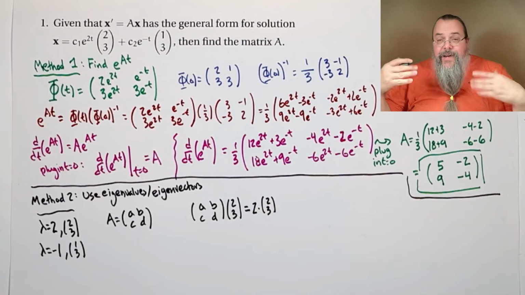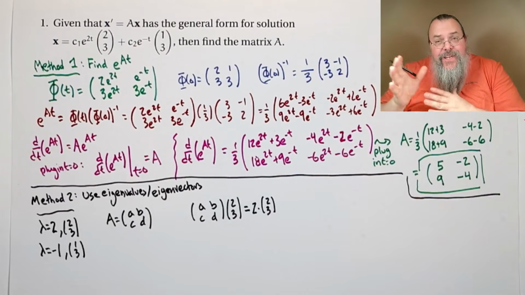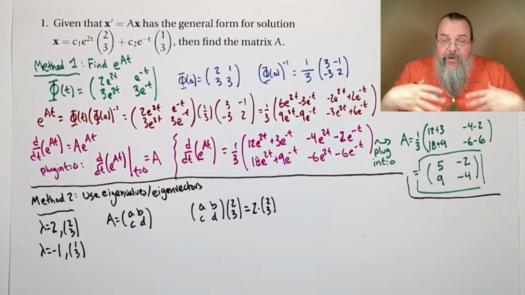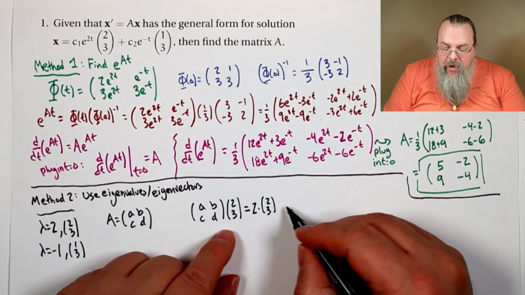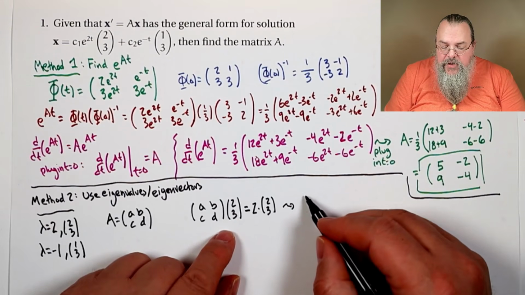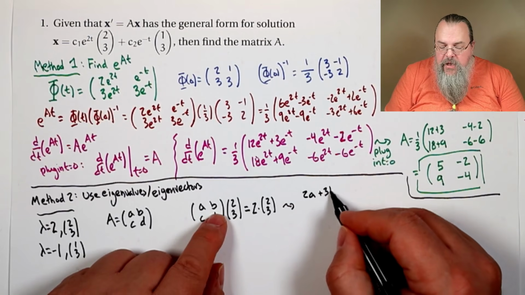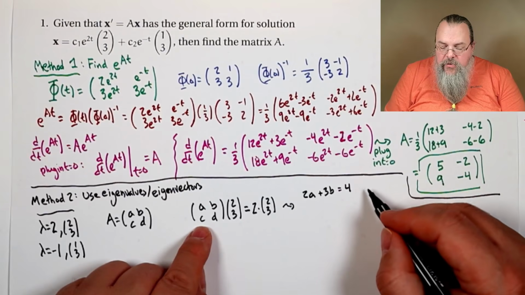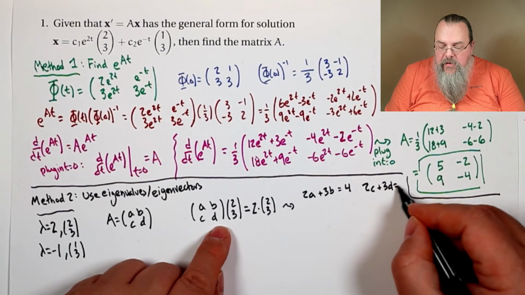Right? That's what the eigenvalue and eigenvector refer to. It says, here's a really nice direction associated with this linear transformation, what a matrix represents. And so this gives us a pair of equations. 2a plus 3b has to equal 4, and 2c plus 3d has to equal 6.